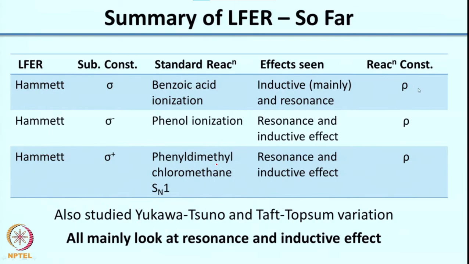So we have discussed so far benzoic acid ionization, where the constant was sigma, which was giving mainly an inductive effect, and the reaction constant was rho.